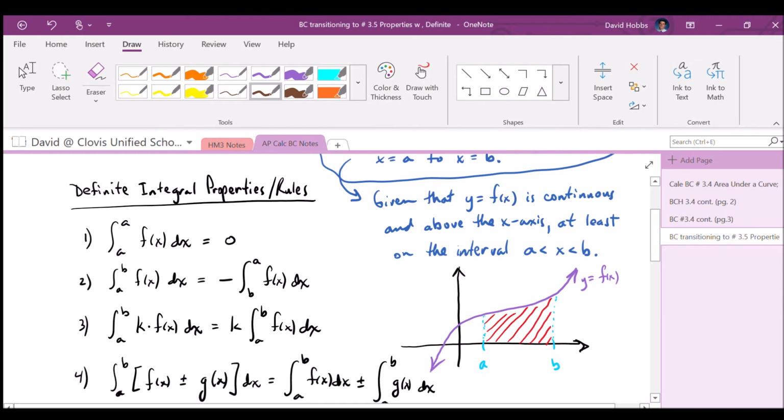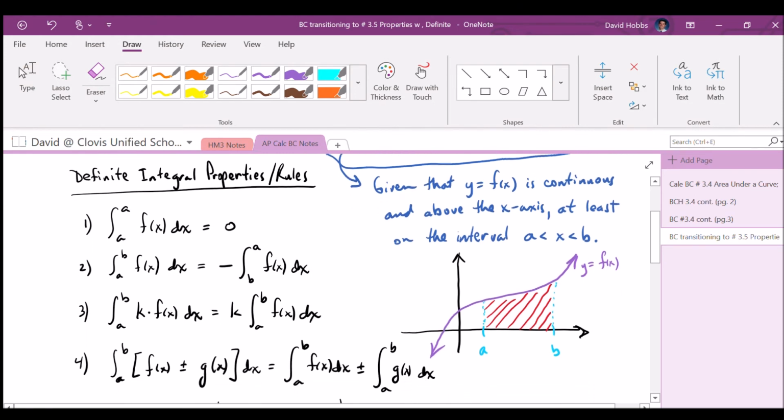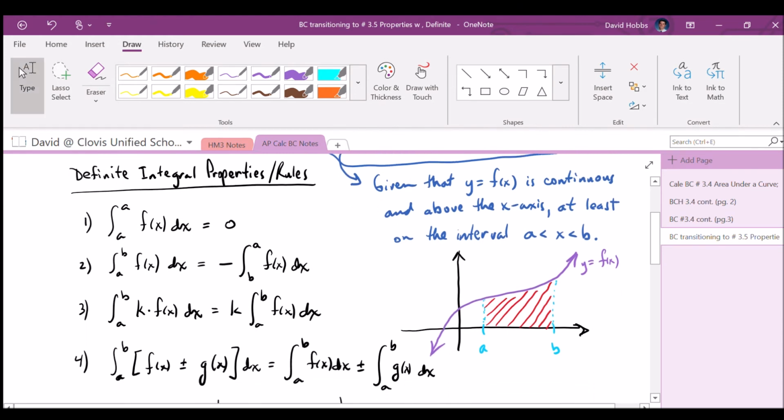And so that's what we're taking it to be, the fact that the integral from a to b of f of x dx represents area. Okay, so notice if I go from a to b, that's like the length, and then the f of x's are the heights, and we break it up into all those, and we sum it all up, and we get the area under the curve.